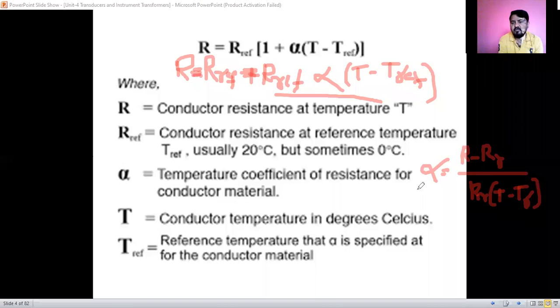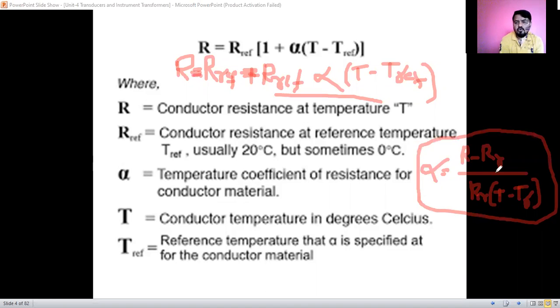So this is the formula for resistance temperature change. I told you for the initial condition, suppose 10 degrees Celsius temperature is there, and there is a 2 ohm resistance. This is T reference and this is R reference. Next, it changes to 12 degrees Celsius and the resistance changes to 3 ohm.